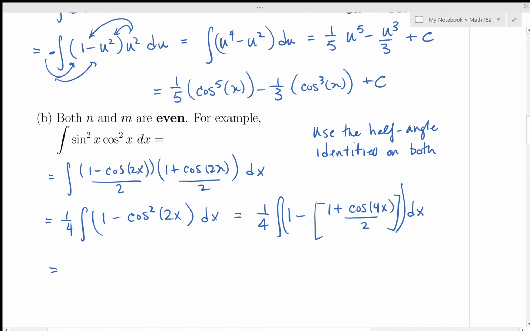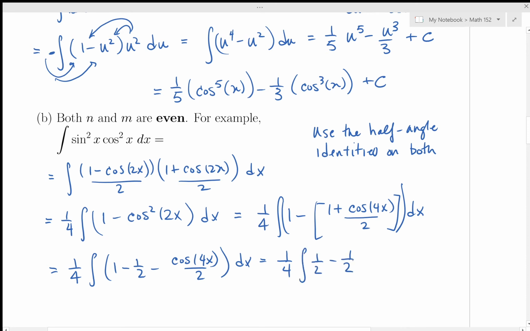I have to do maybe a little bit of expansion, but it does look like this. Let me just do one more step with the integral there. The integrand I can write like this. And I can combine that, and I get 1/2 minus 1/2 cosine 4x dx.